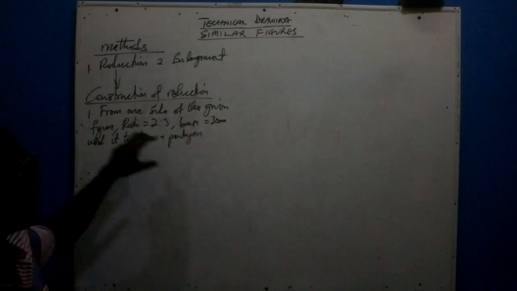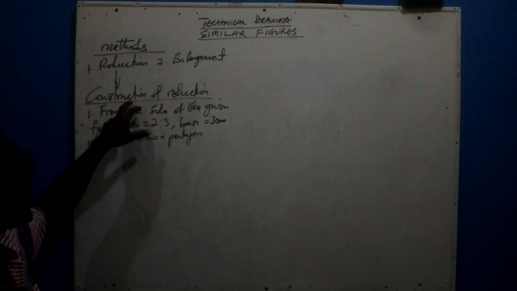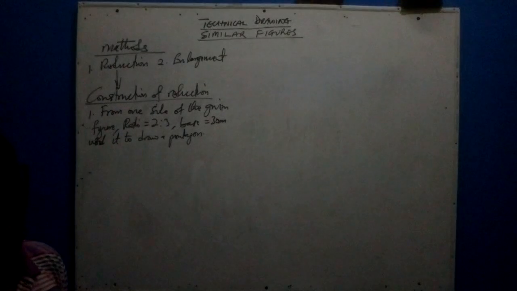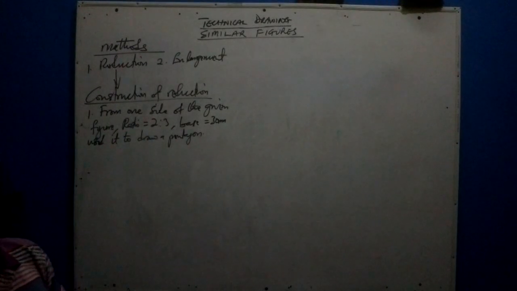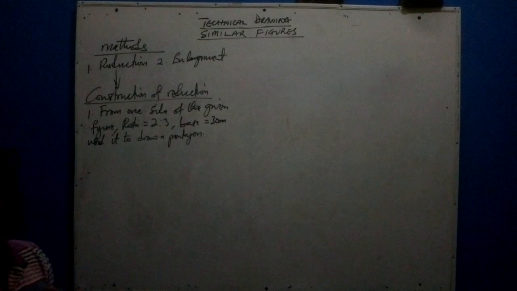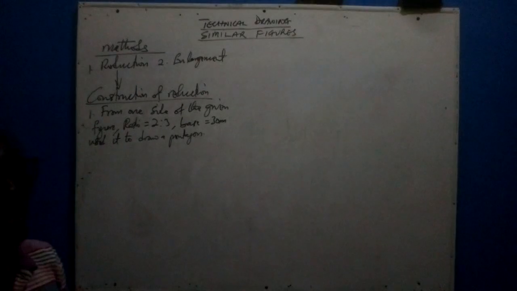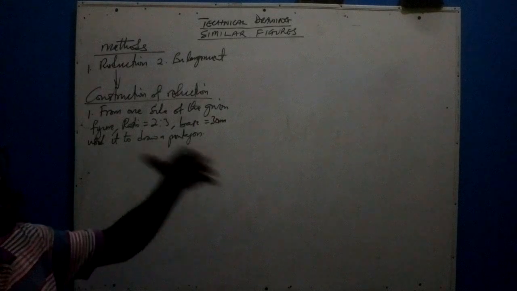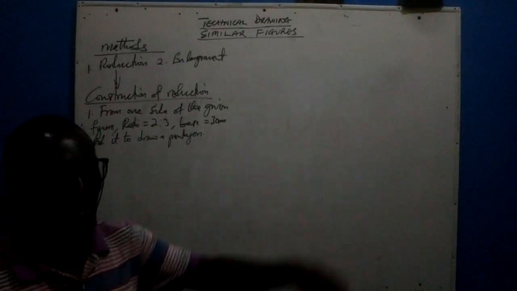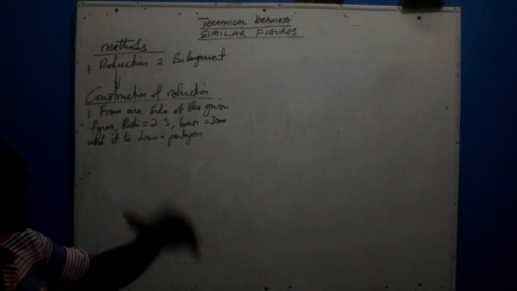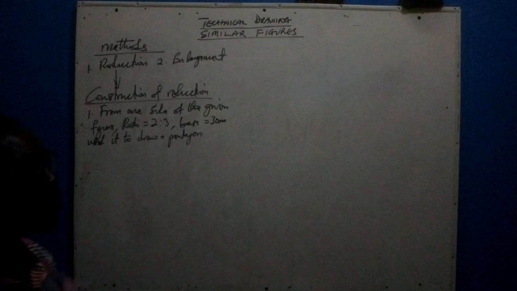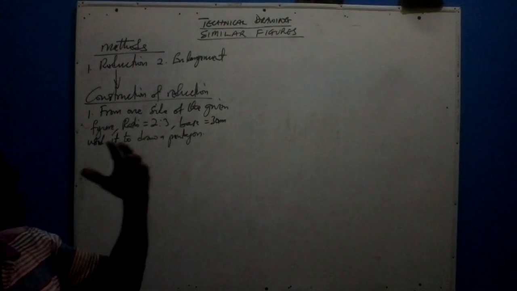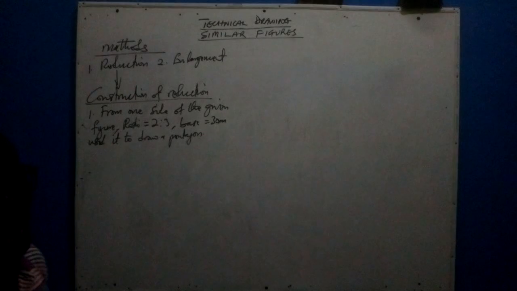Then after that, if you are talking about reduction, I will look at it. Or the question may frame it: construct a pentagon using this method, and after finishing, based on the figure drawn, construct the reduction form using the ratio from one side of that figure.